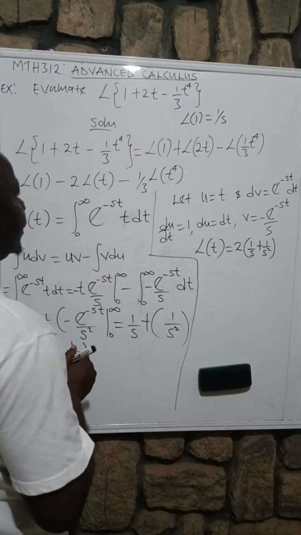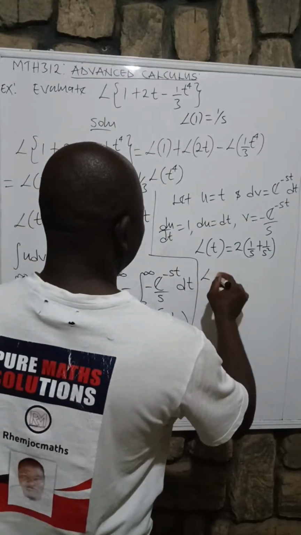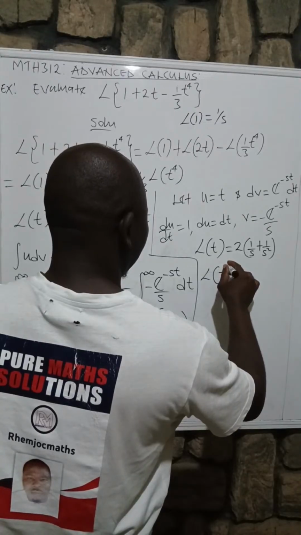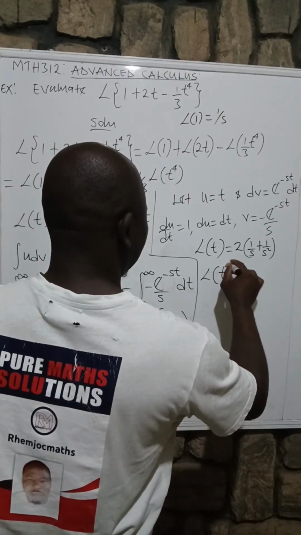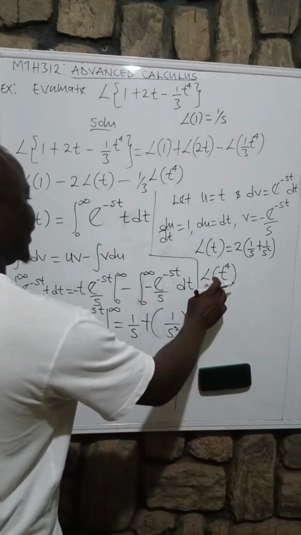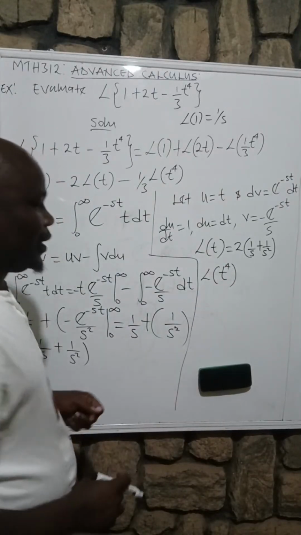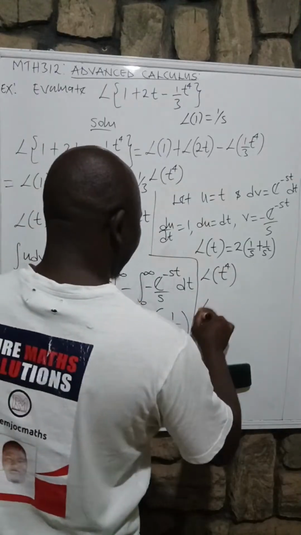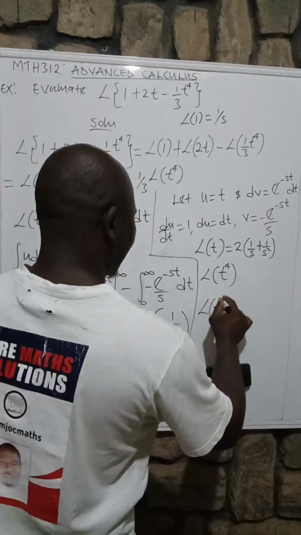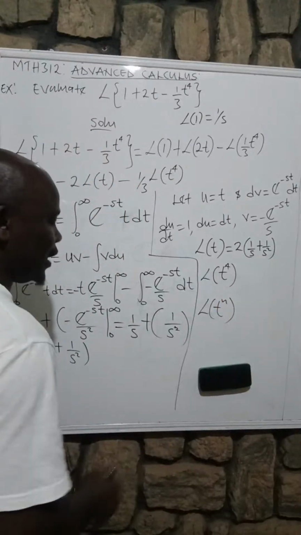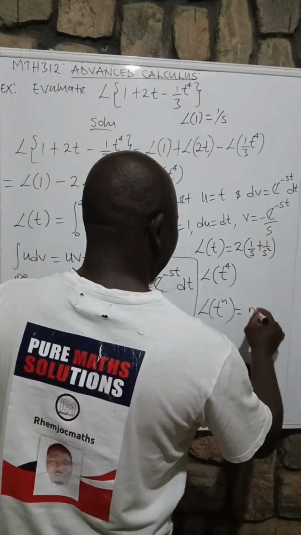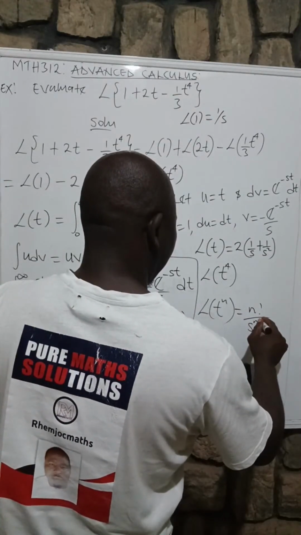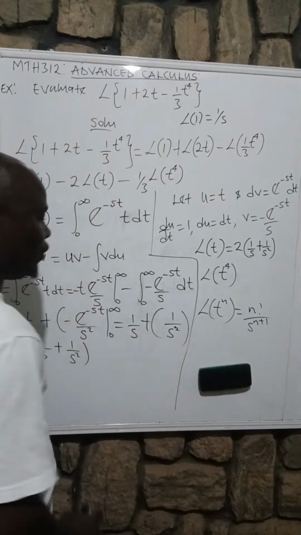So then, Laplace of t raised to the power of what? 4, right? I think we did something like this, that we consider it to be Laplace of t raised to the power n, right? And this will automatically give us n factorial all over s raised to the power n plus 1. True or false?